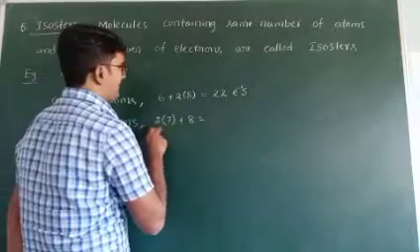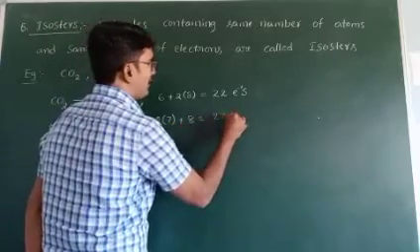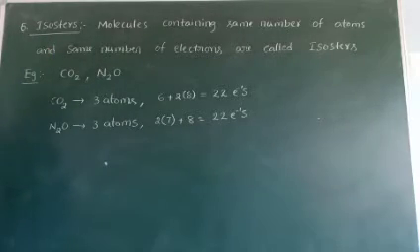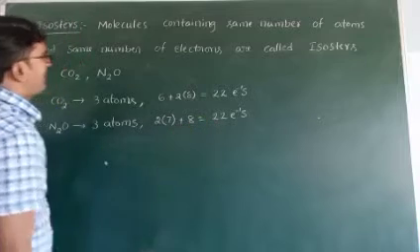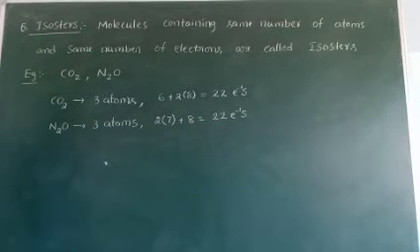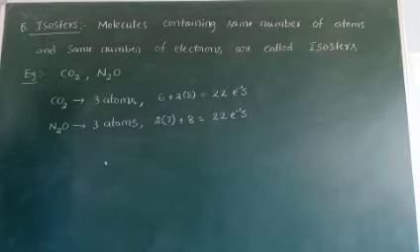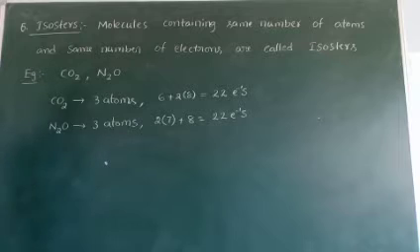So 14 plus 8, 22 electrons. So same number of atoms, same number of electrons. This type of molecules are called isosters.